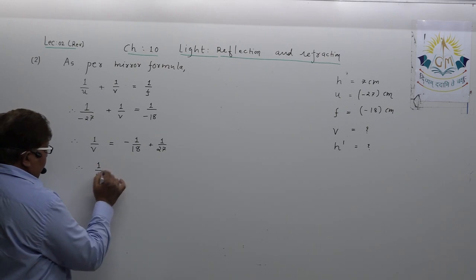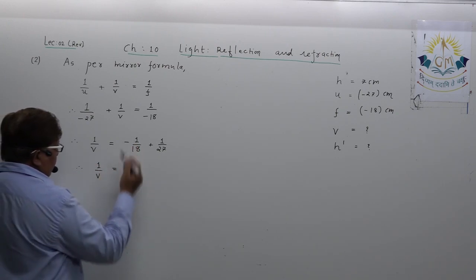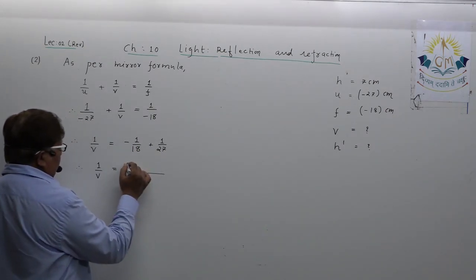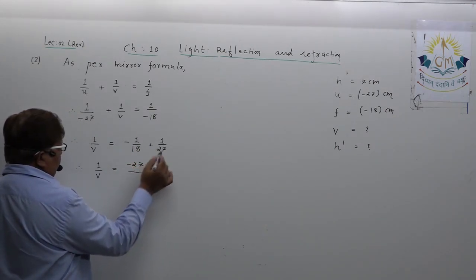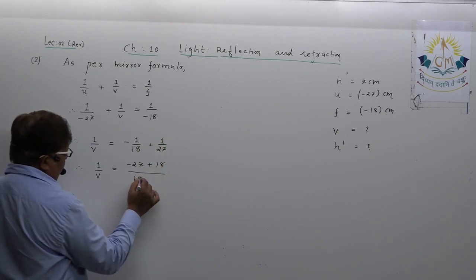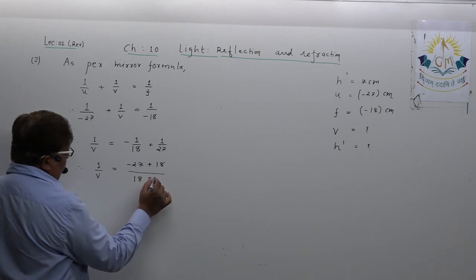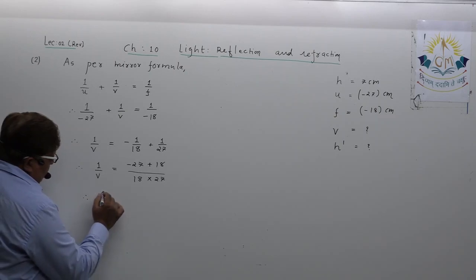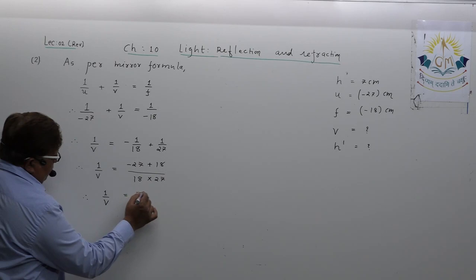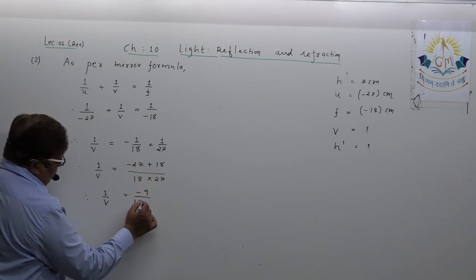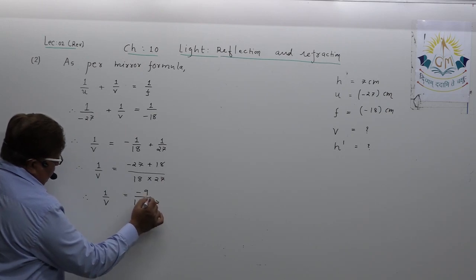Rather than going for that particular way of LCM, this is the simple way you can follow: minus 27 cross plus 18 upon 18 into 27. So 1 upon v equals to minus 9 upon 18 into 27.